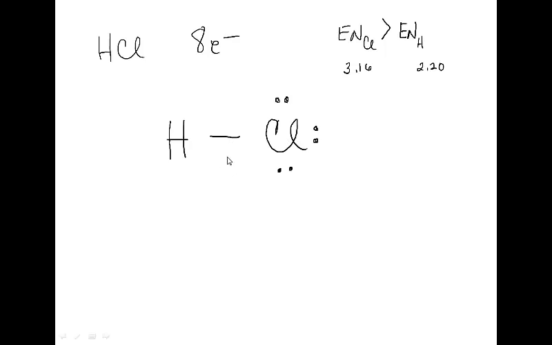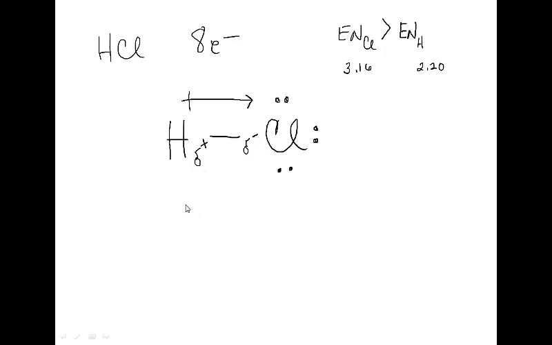That means that this pair of electrons that's being shared between them is closer to the chlorine. That means that the chlorine end of the bond has a slightly more negative charge on it, and the other end has a slightly more positive charge.